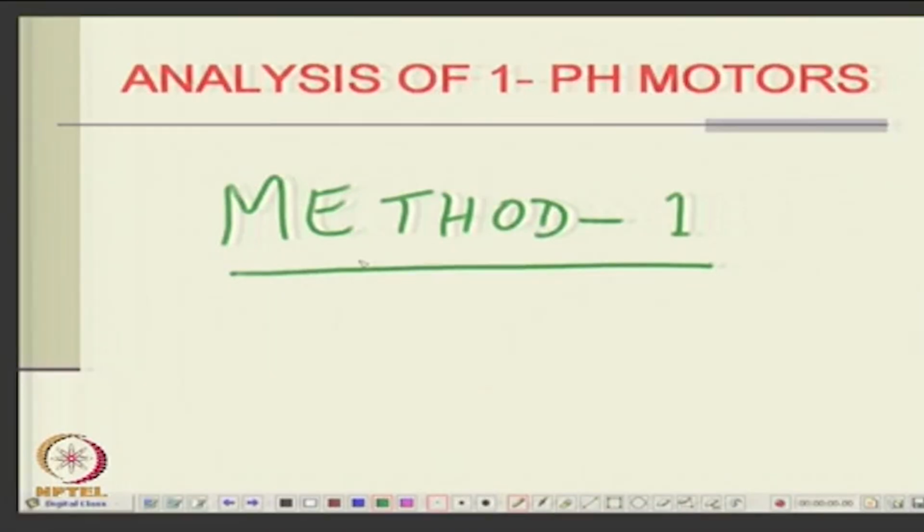In method 1, we start by treating a single phase motor like a transformer. If the rotor is at stationary speed, you can say it is like a transformer, with one winding on the stator and a squirrel cage winding on the rotor, which is reflected as one winding, single phase.